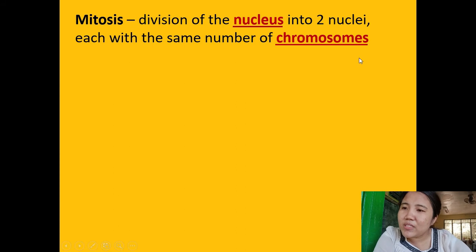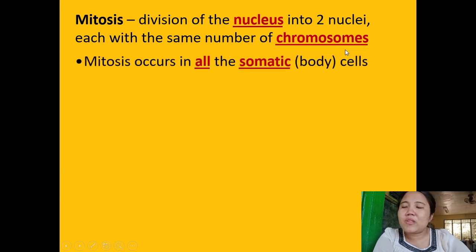What is mitosis? It is the division of nucleus into two nuclei, each with the same number of chromosomes. Now, mitosis occurs in all somatic or body cells. Take note that somatic cells are considered as all the body cells.